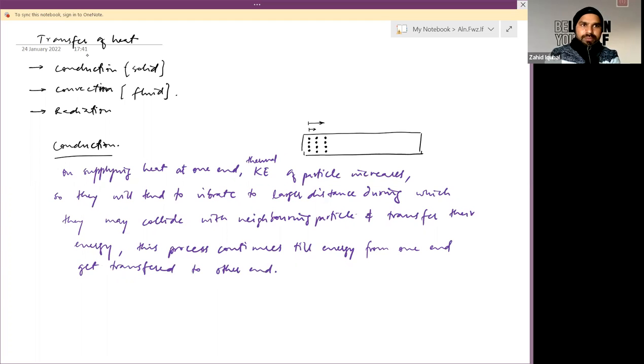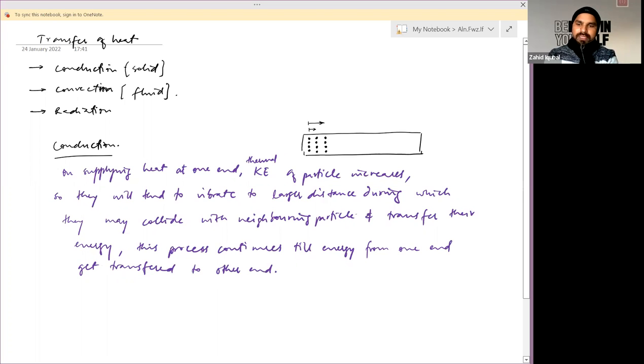Now, to define this more clearly, let me give you an example of electricity.